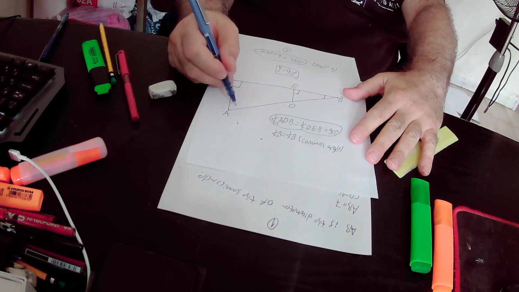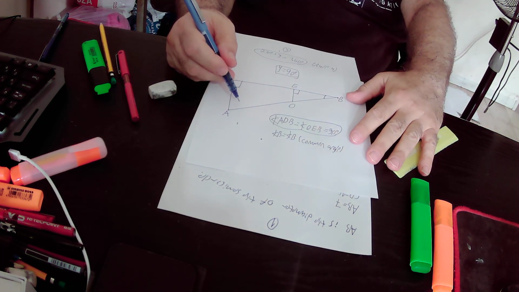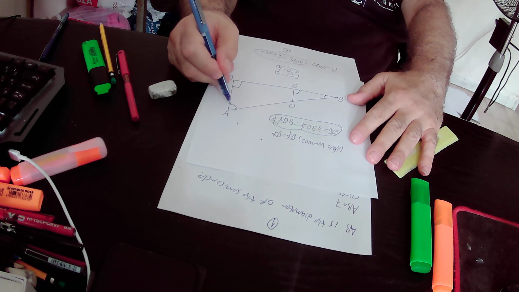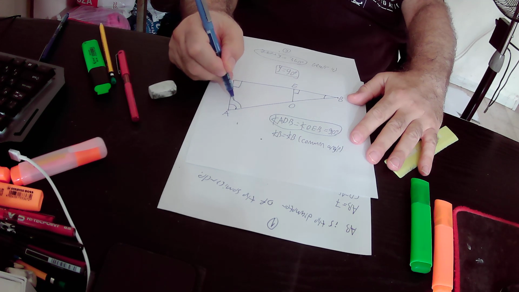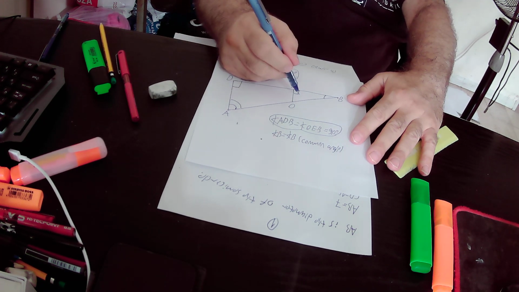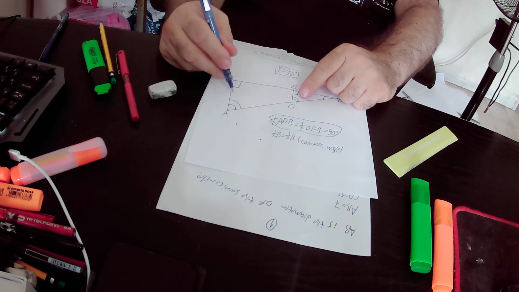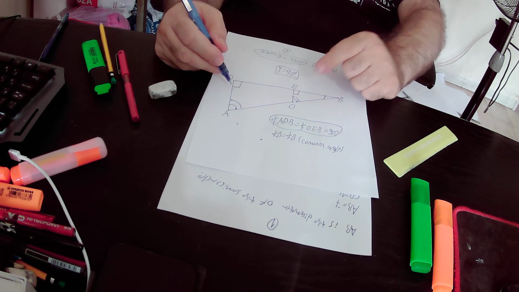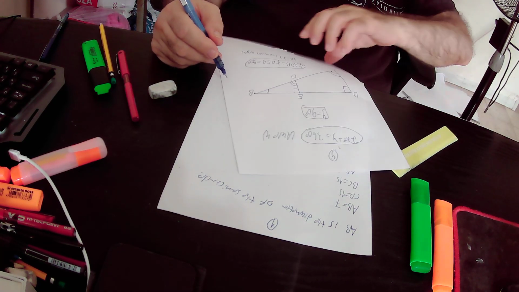And the third angle, angle DAB in the big triangle, is equal also to angle EOB in the small triangle. So those two angles are also equal to each other. I'll write it down.